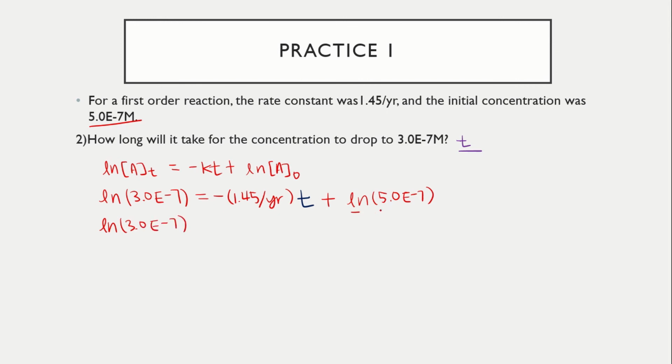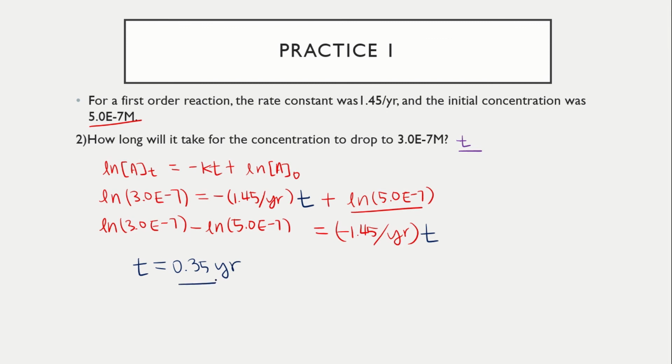You move this to the left side. Equals negative 1.45 per year, the time. And you solve for t, which is 0.35 years. You are having 2 sig figs here as well.